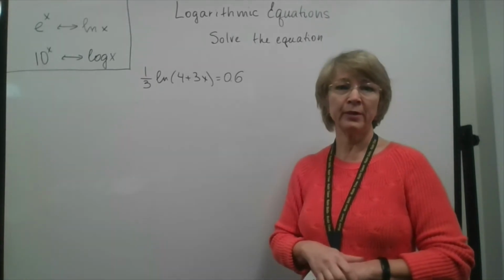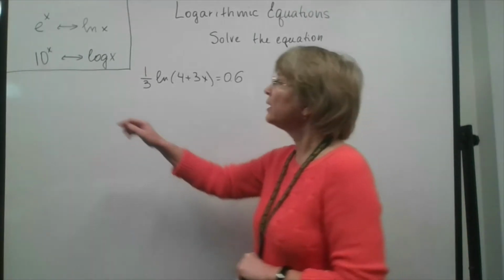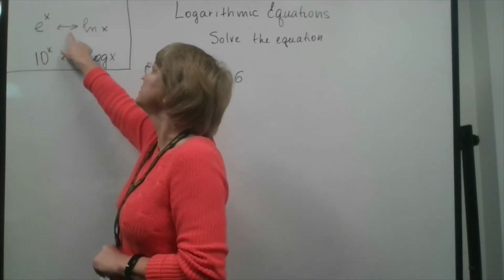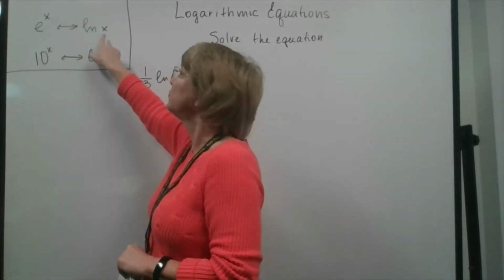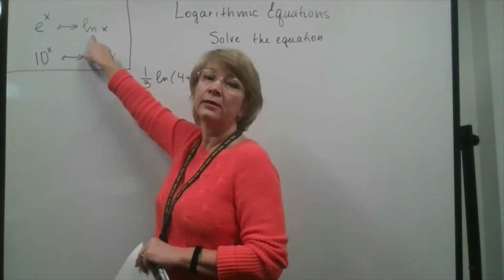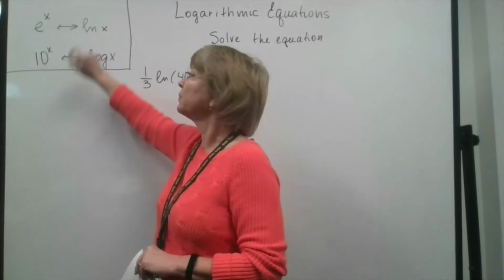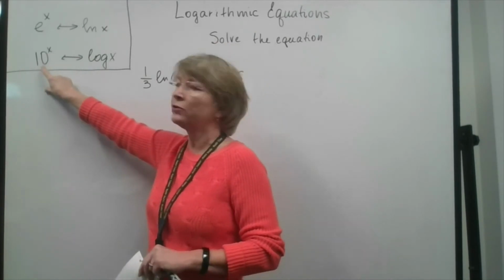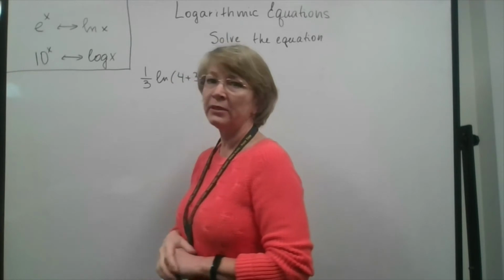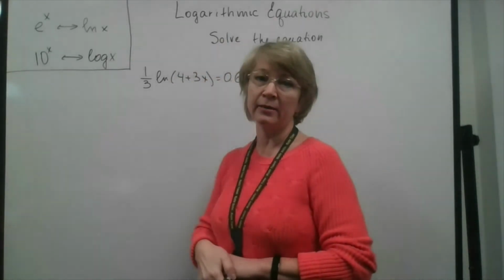Now we have to remember a couple things. We have to remember that e to the x power is opposite of natural logarithm of x. This ln is a natural logarithm. The other thing we have to remember is that 10 to the x power is opposite of logarithm of x.